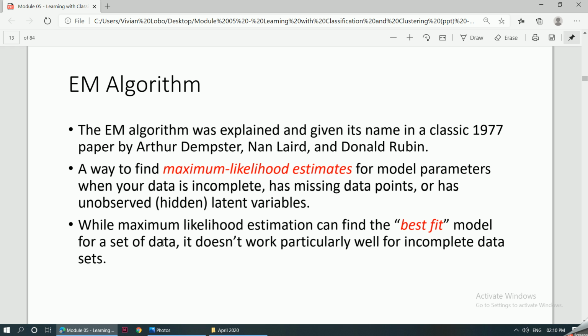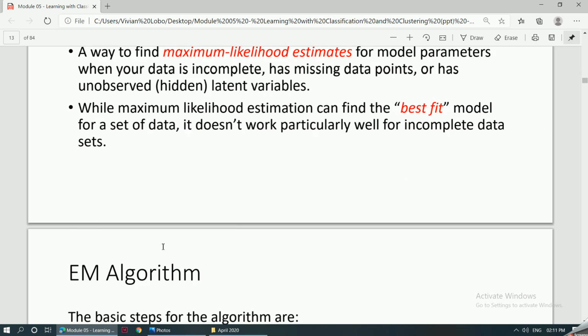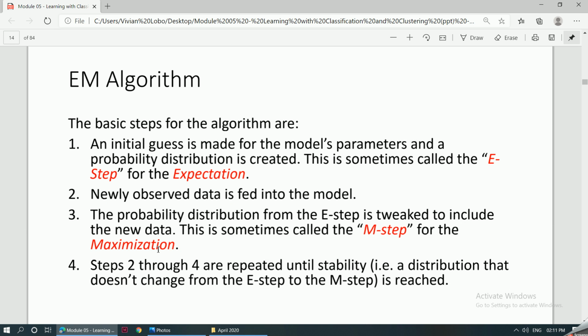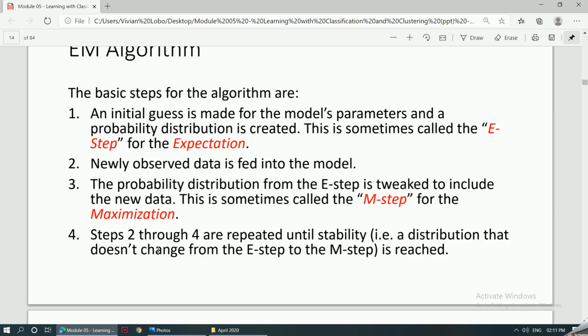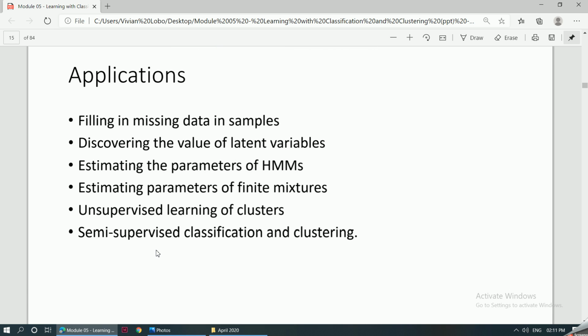That is why we are using the EM algorithm. We have seen the 4 steps in the previous session. This slide is just a recapitulation of what the EM algorithm is. These are the applications which have already been covered.